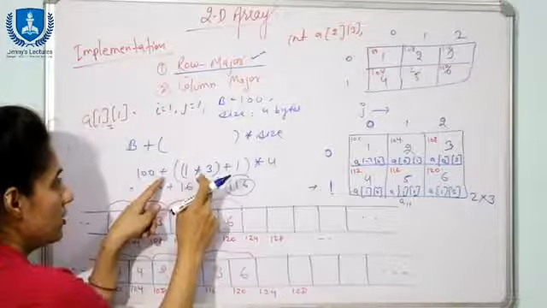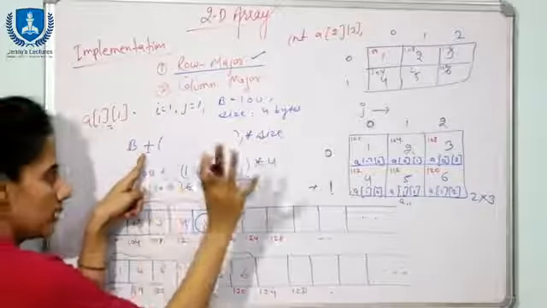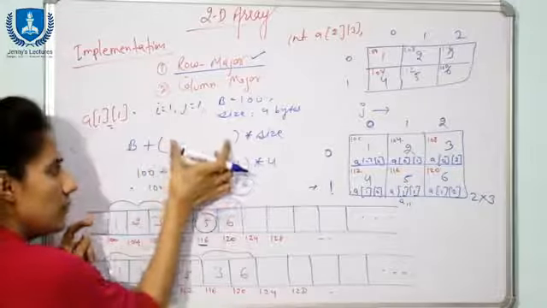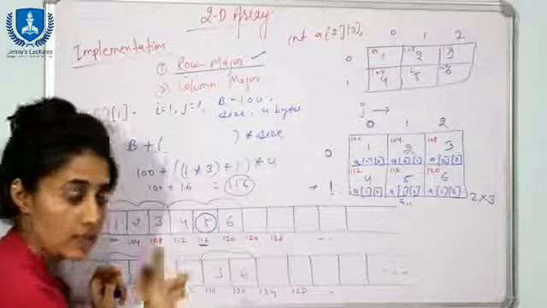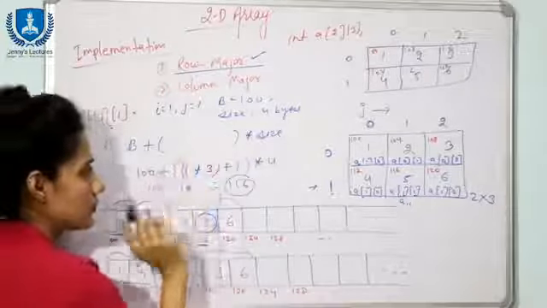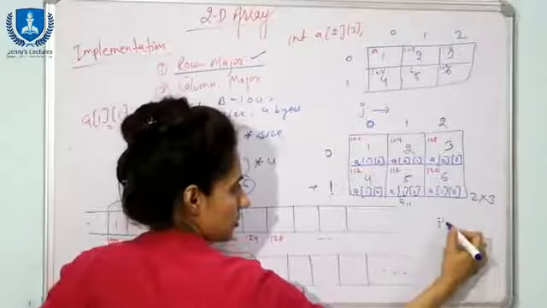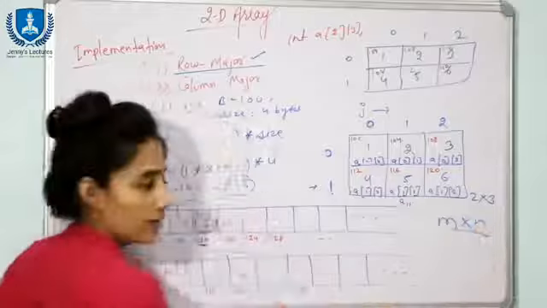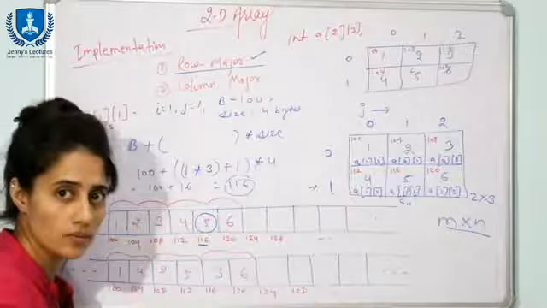So how can you write this formula in general? 100, the base address, plus the number of elements you are going to cross, multiplied by the size. Now how do you calculate this? Suppose in general I take the matrix as an array of size m into n, where m is the number of rows and n is the number of columns.